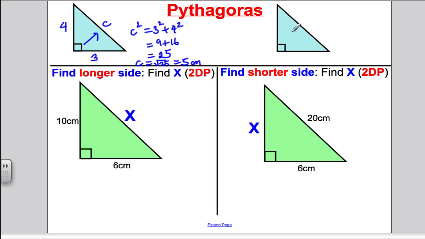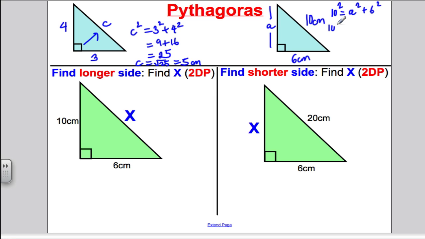Now alternatively, say I knew this side here was 10 centimetres and I knew this side was 6 centimetres, what's this side here, which I might call a or something like that? Well, using Pythagoras' theorem, I know that the longer side squared is equal to the two shorter sides squared added up, so a squared plus 6 squared.